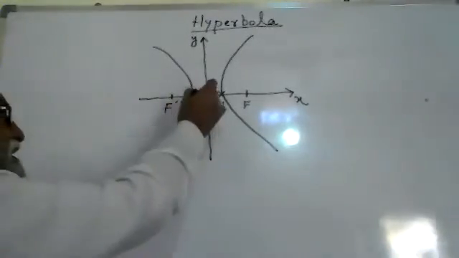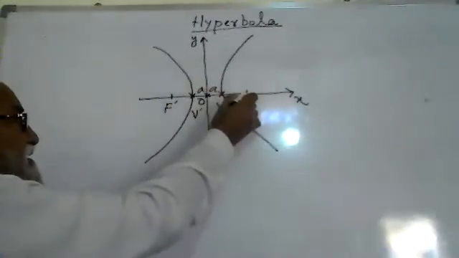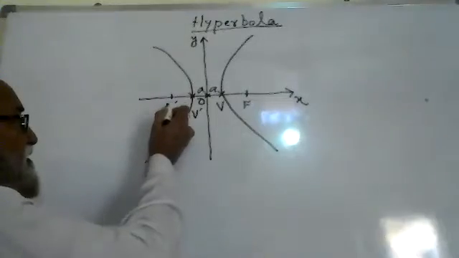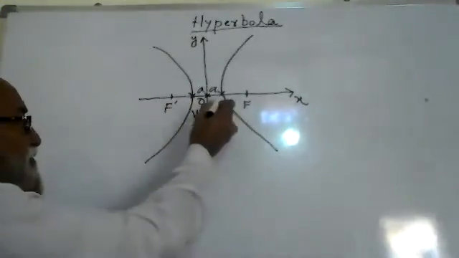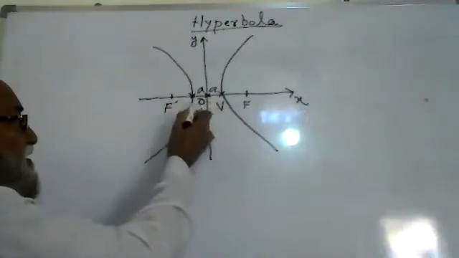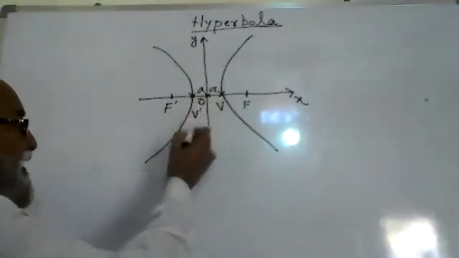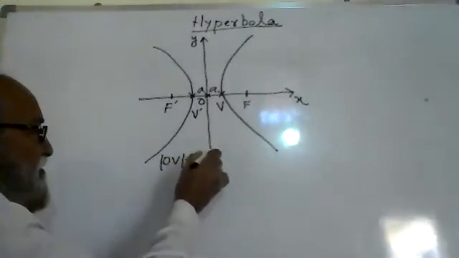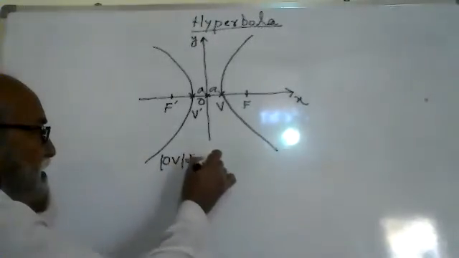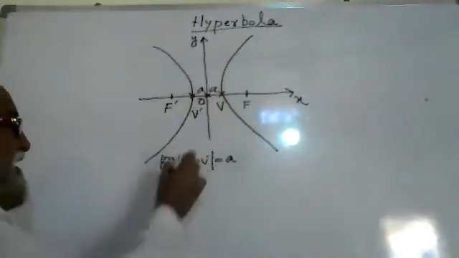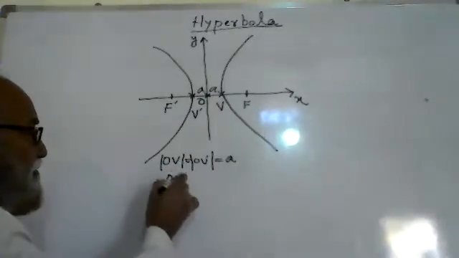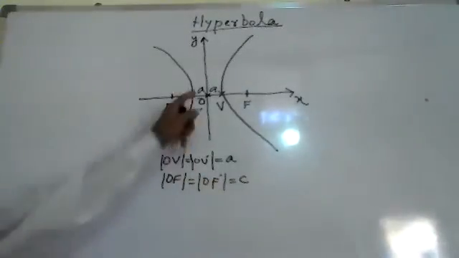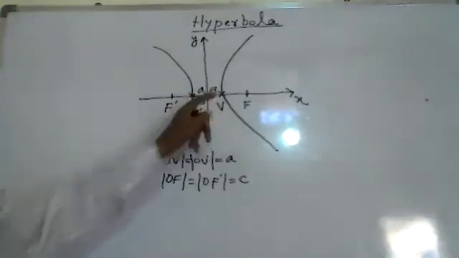And the distance between the center and the focus will be C. From center to the focus, this distance will be C. The distance OV or OV dash is equal to A. And the distance OF or OF dash is equal to C. This distance from here to here is C, and from here to here is A.